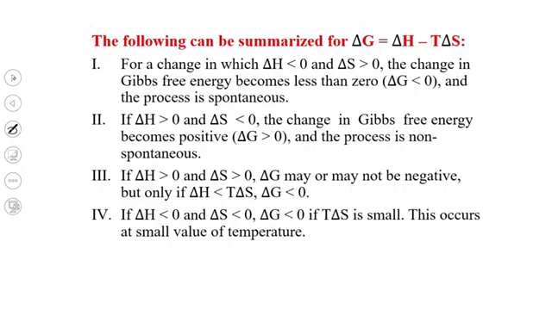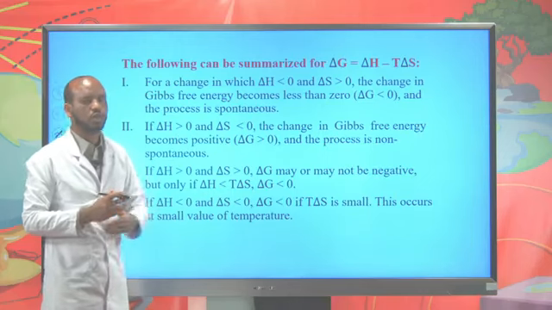The following can be summarized for delta G equals delta H minus T times delta S. 1. For a change in which delta H is less than 0 and delta S is greater than 0, the Gibbs free energy change becomes less than 0. Delta G is less than 0 and the process is spontaneous.